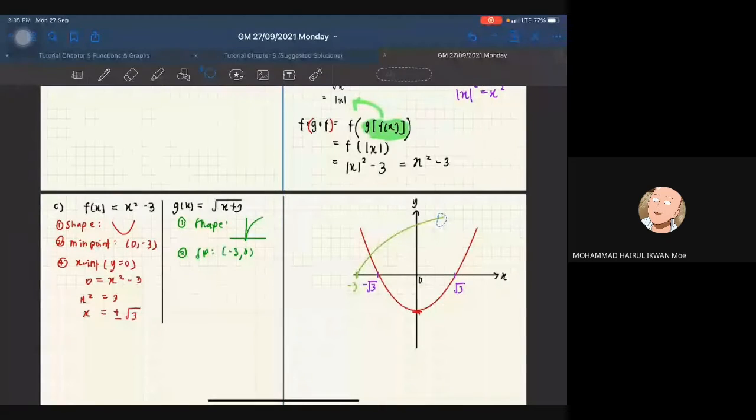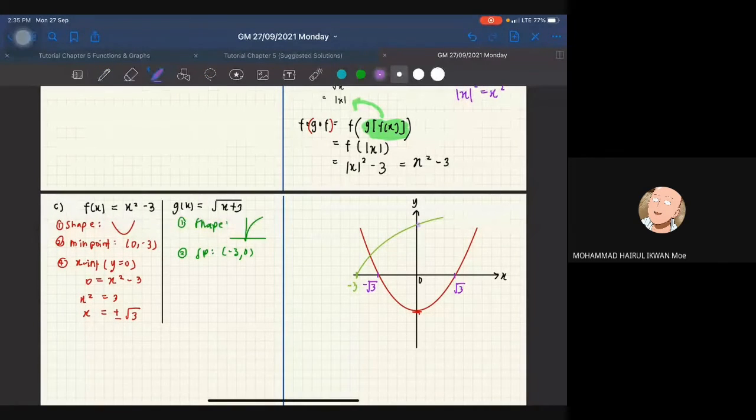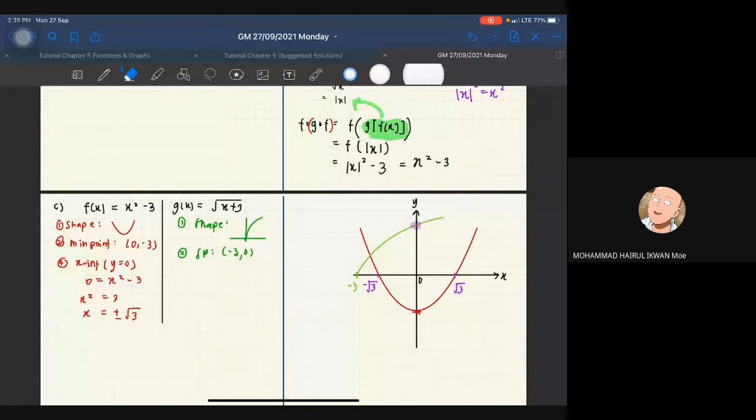Alright, so pindahkan sikit. Okay, so when you look at your graph right now, dia ada y-intercept. So we have one y-intercept up here. So kita kena carilah what is our y-intercept over here. Okay, so cara nak cari y-intercept, awak just substitutekan sahaja x equal to 0 sebab pada line y-axis, our value of x is 0.